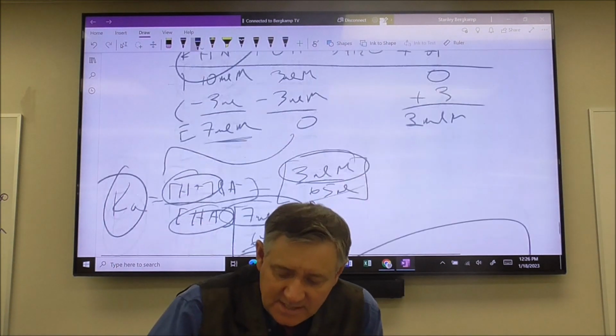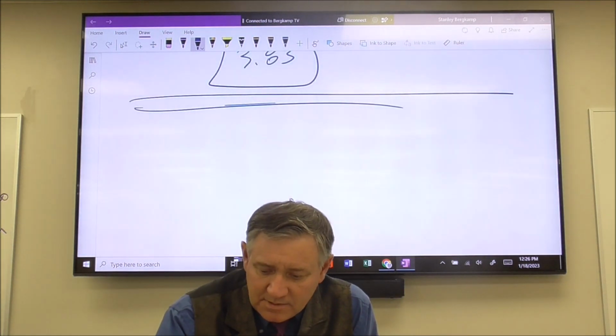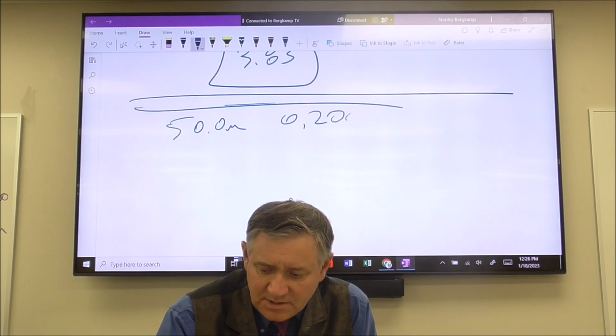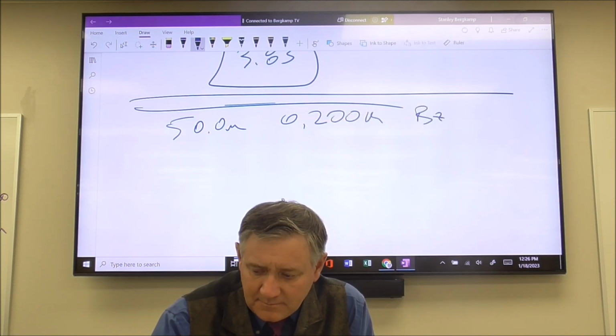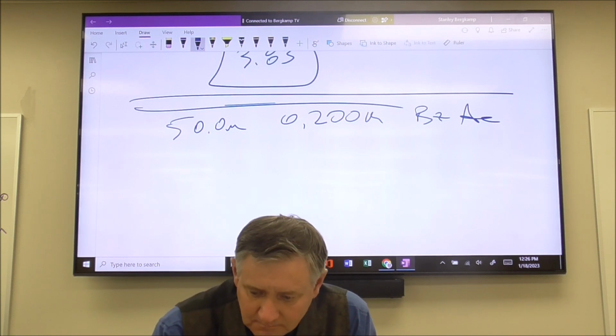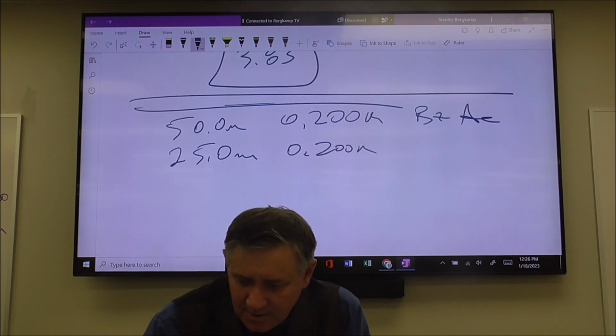Now, next step. I'm going to start over with that 50 milliliters of 0.2 molar solution of benzoic acid. But now I'm going to add 25 milliliters of a 0.2 molar solution of sodium hydroxide.